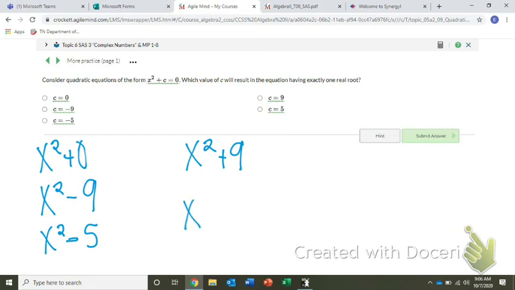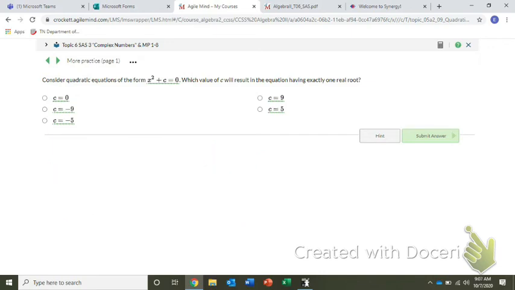And x squared plus 5. Okay. So, on your calculators, or we can do it right here on Agile Mind, I forgot.